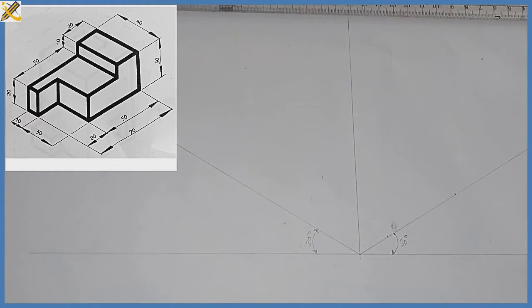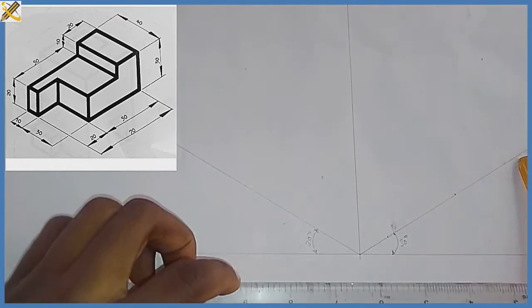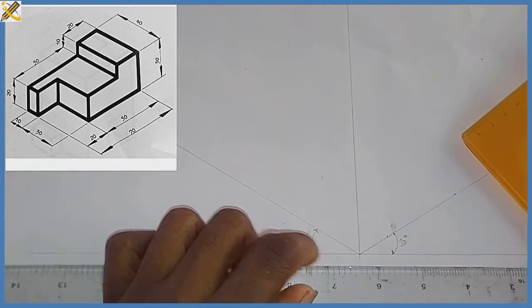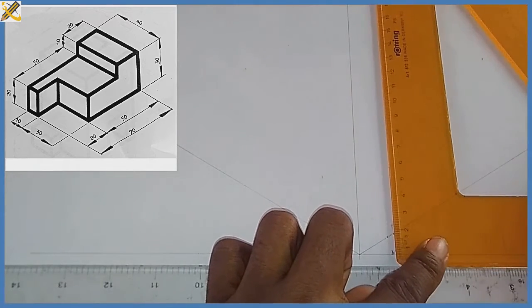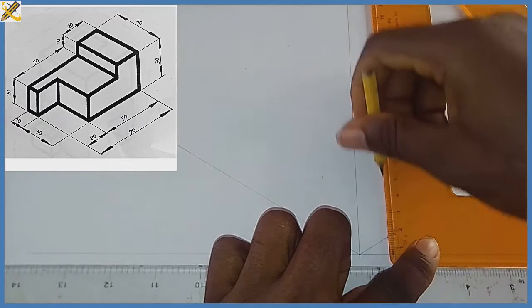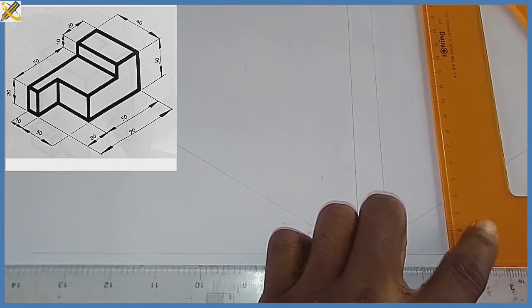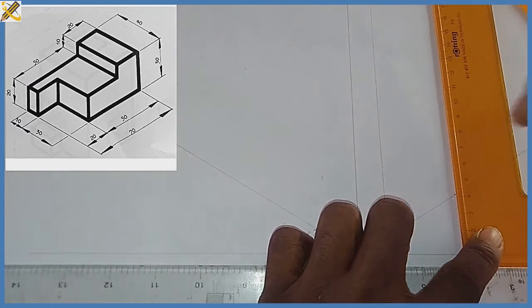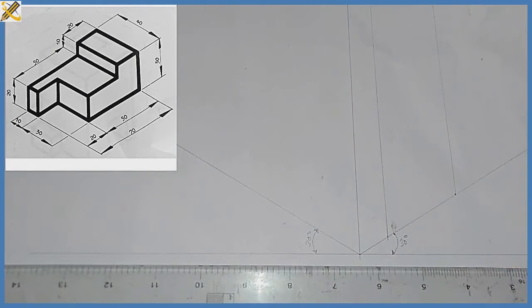After taking that mark, I am going to draw that mark vertically before I proceed. I'm going to project those marks vertically in this manner, like this, with construction line, thin line, as you can see on the screen right there.